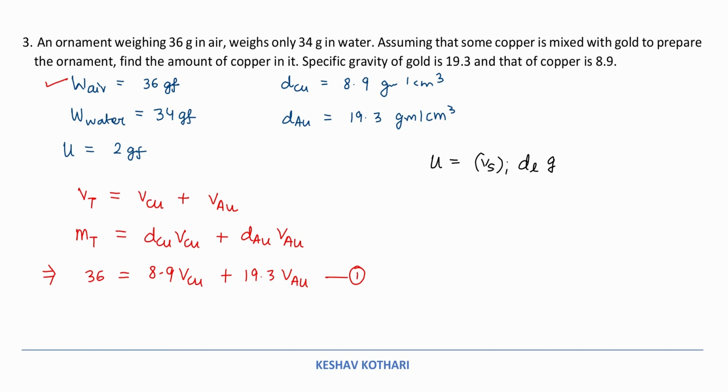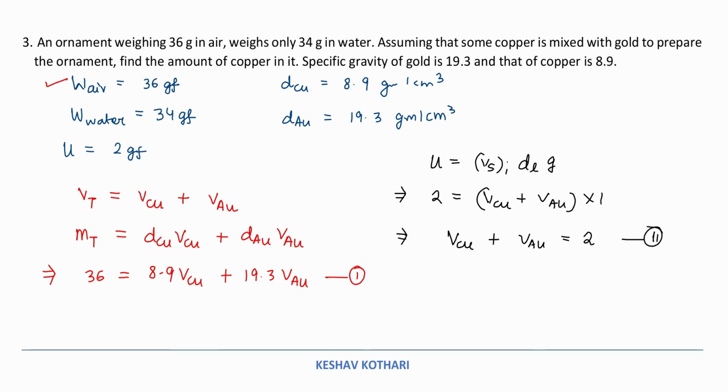So over here I can write that the value of upthrust, which is equal to 2 gram force, is equal to total volume of solid, which is volume of copper plus volume of gold, times density of liquid, which is 1 gram per centimeter cube, that is water. So from here I will get the second equation, that is volume of copper plus volume of gold is equal to 2. So this is the second equation that I have.